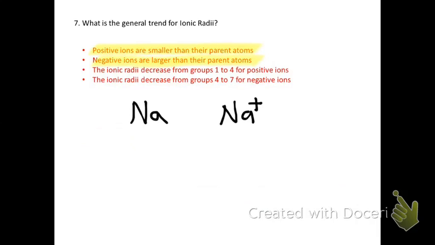Why is this the case? Well, let's look at chlorine. If chlorine gains an electron, it's going to cause more repulsion in that valence shell. So the valence shell is going to get bigger in a negatively charged ion, creating a larger radius for that ion.